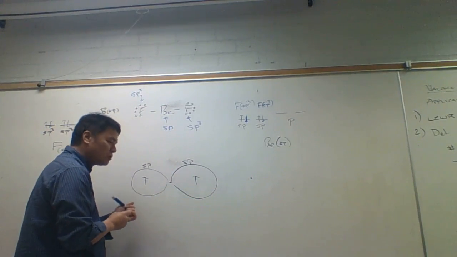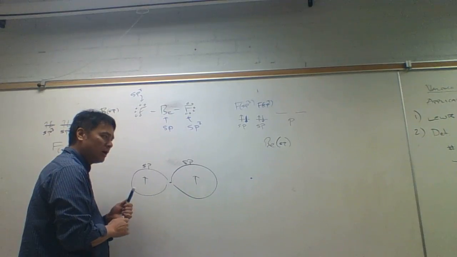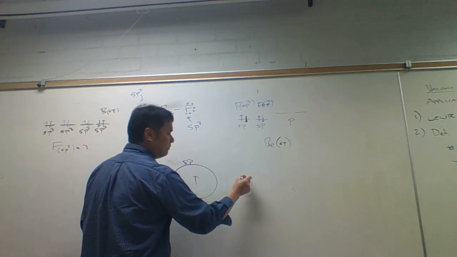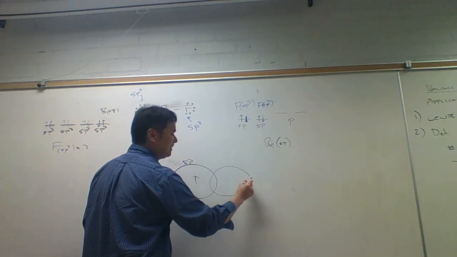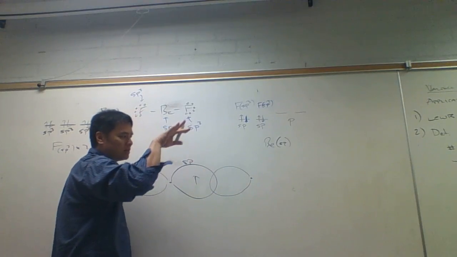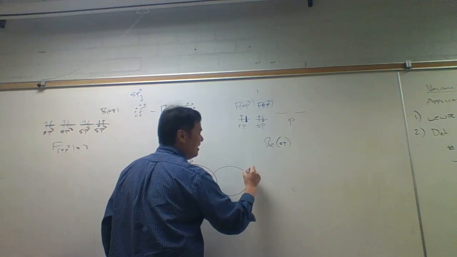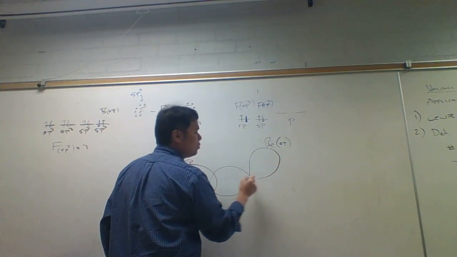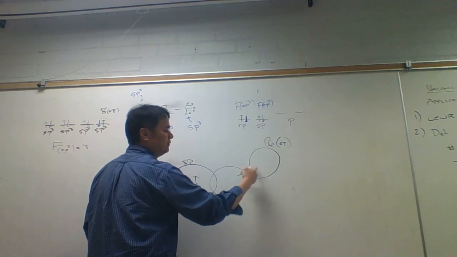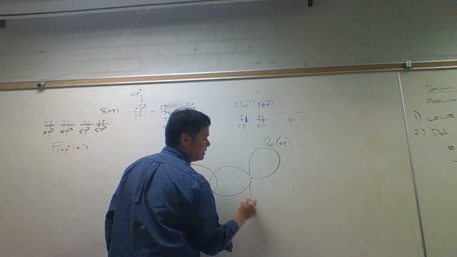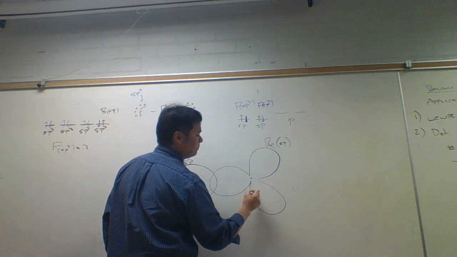Now, how do you draw a tetrahedral? We always draw it the same way. We have 1 in the plane. So this would be like the top one. And then we'll have 1 at a 109, also in the plane. And that means we got to have 1 sticking out of the plane.